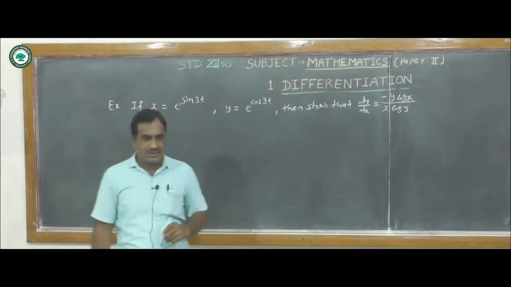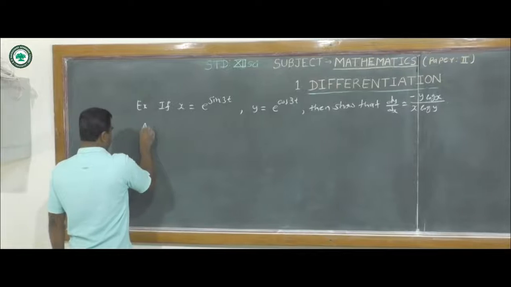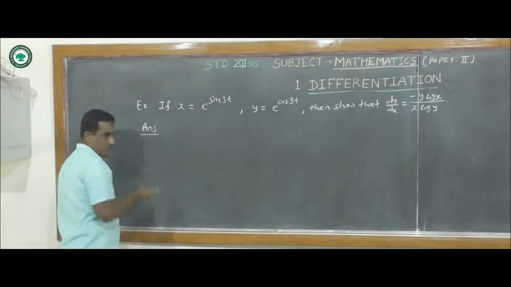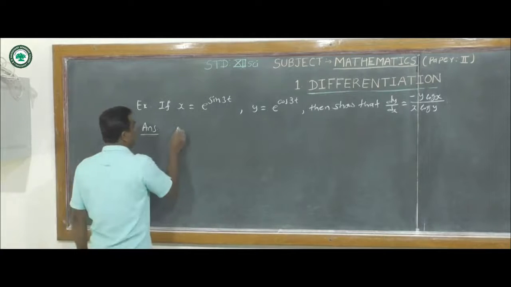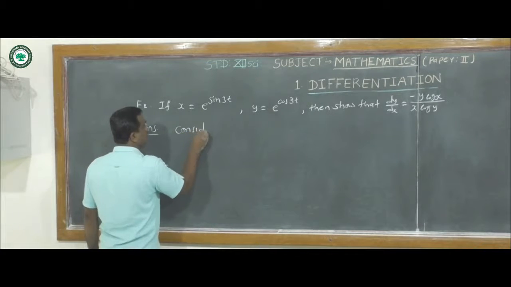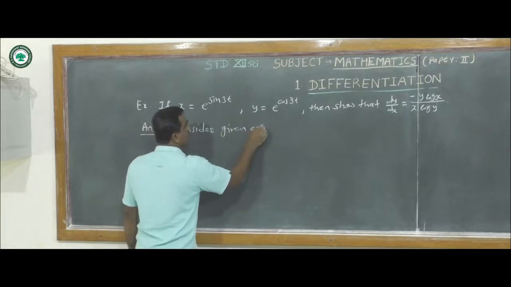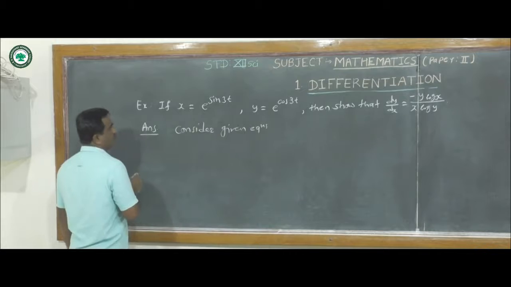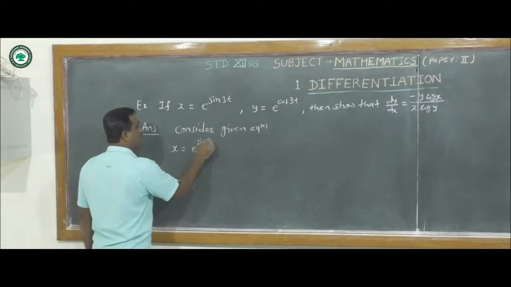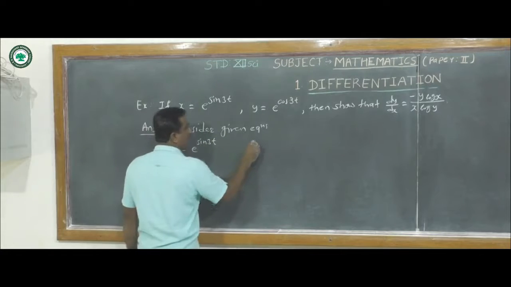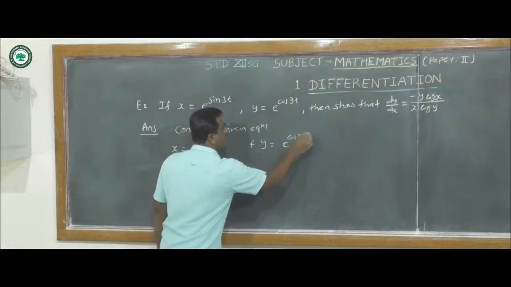Now we write the answer for this example. Consider the given equations, that is, the first equation: x equal to e raised to sin 3t and y is equal to e raised to cos 3t.